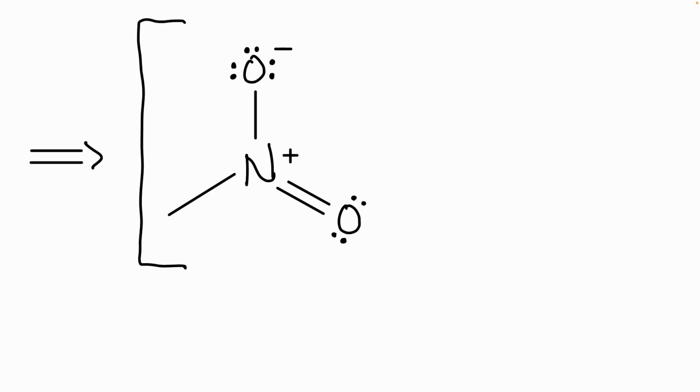All right, if I was being really good, I shouldn't represent this with just one structure. I should also include its other resonance contributor here. So this oxygen's negative charge is being stabilized through resonance. It can get passed to the other oxygen.